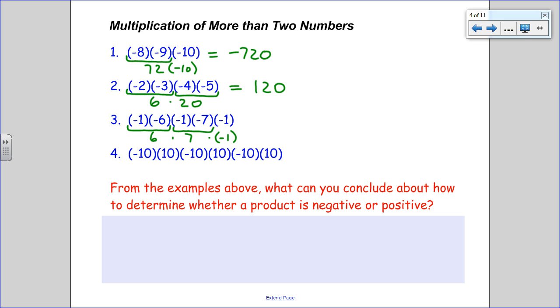So if we work our way across from left to right, we have 42 times -1 for an answer of -42. Finally, in problem 4, if we pair our numbers up, we'll notice that each pair contains both a -10 and a +10. So the product is -100 for each of the three pairs.